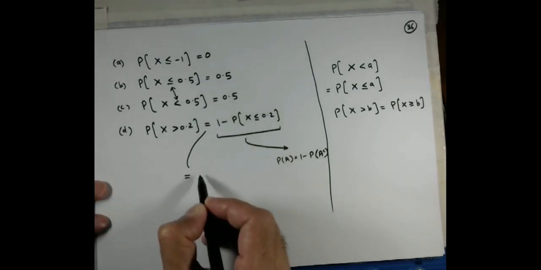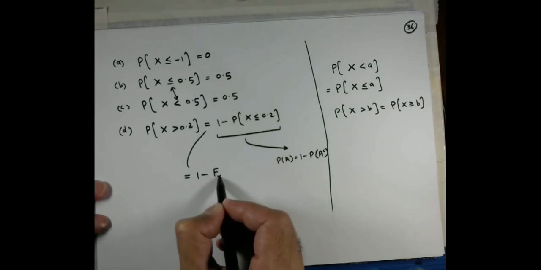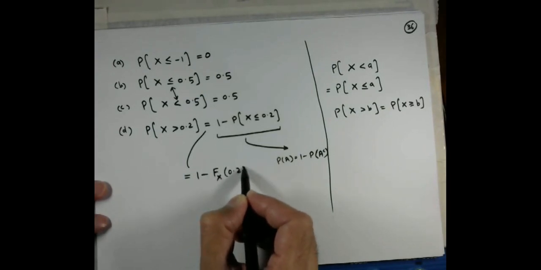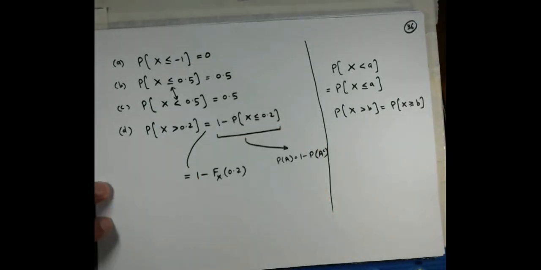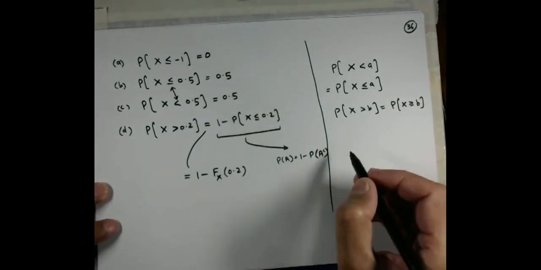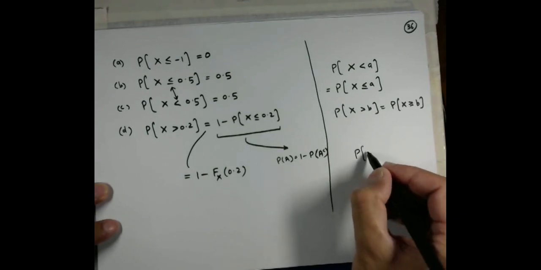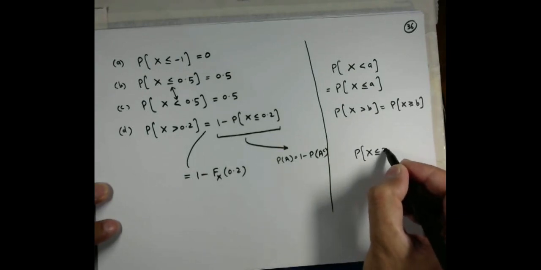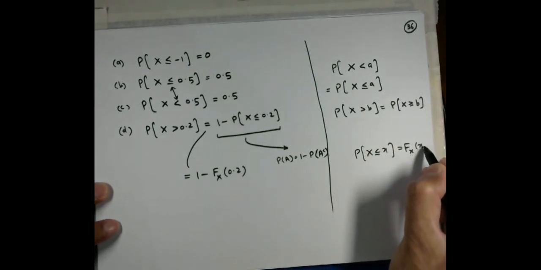So now this is 1 minus F sub X at 0.2, because this is nothing but, by definition, the CDF of x at 0.2. You see, the probability that x is less than or equal to x was named as CDF of x.